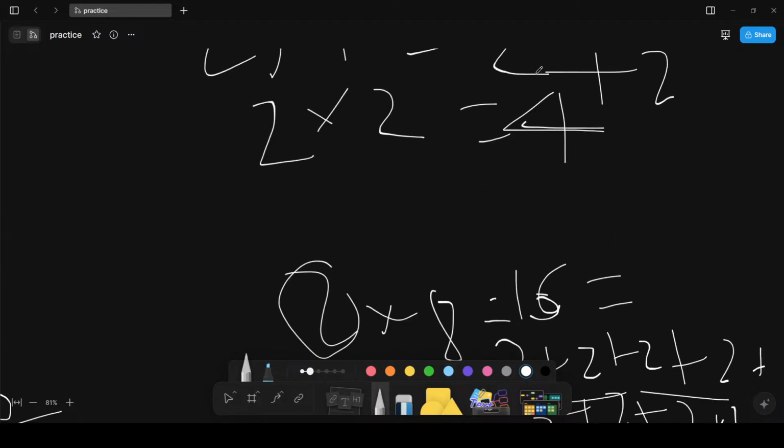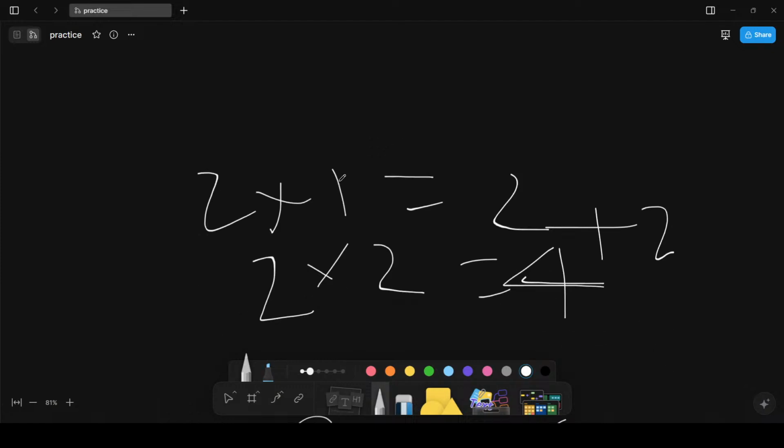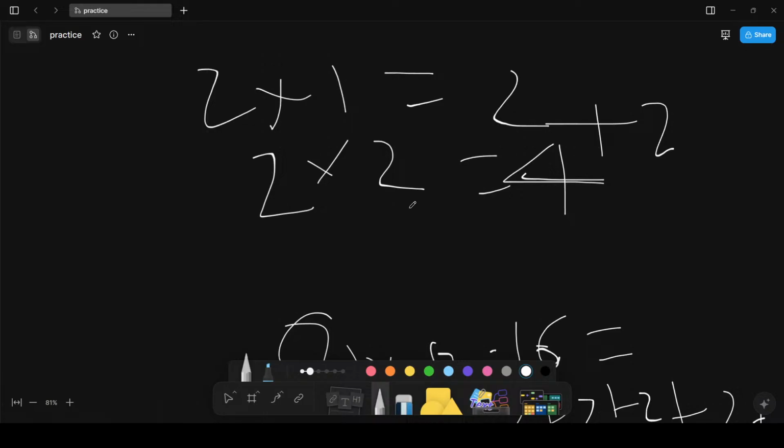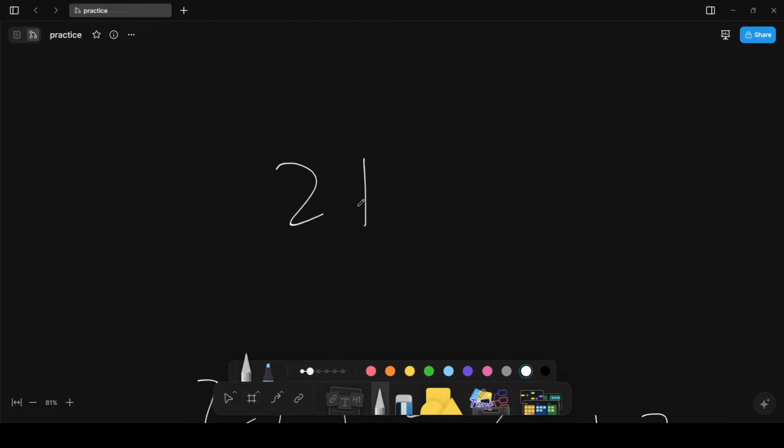So multiplication is basically addition. When you say 2 multiply 1, we say add 2 one time. When you say 2 multiply 2, add 2 two times. When you say 2 multiply 3, we are saying add 2 three times, to itself. And you will get the answer that you get by multiplying.